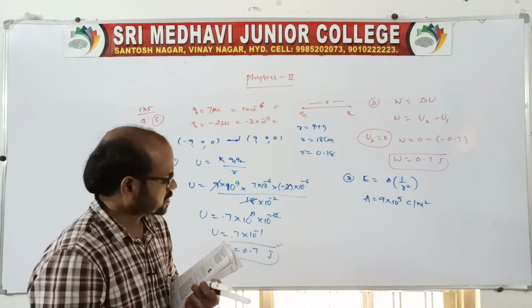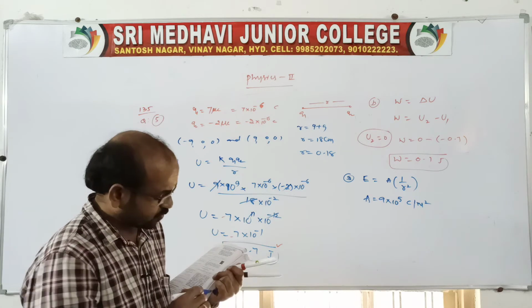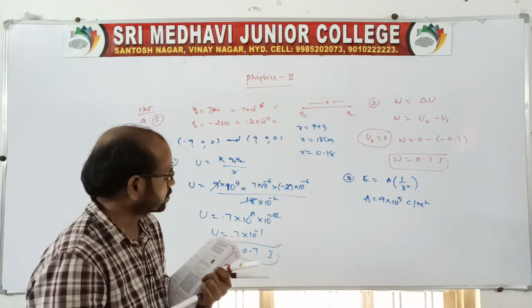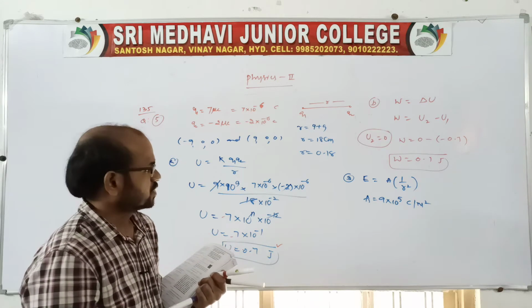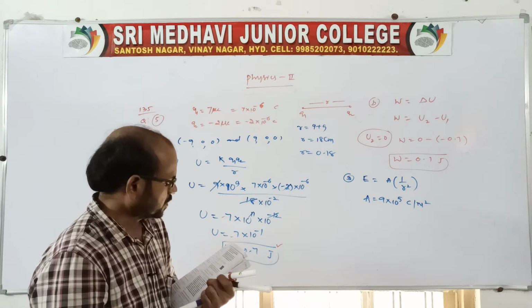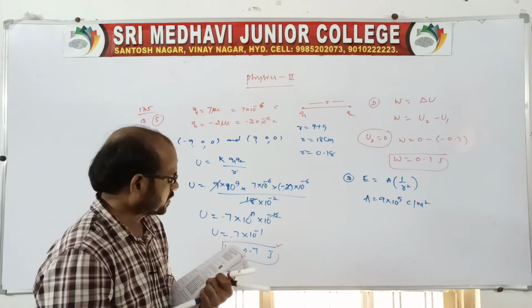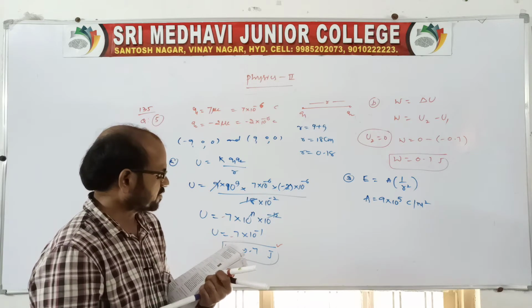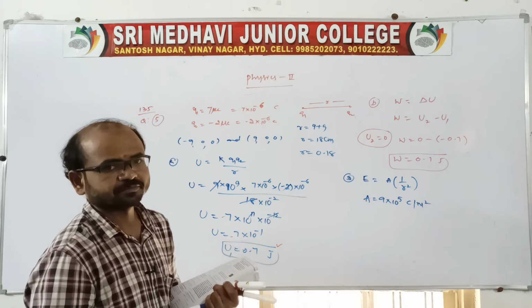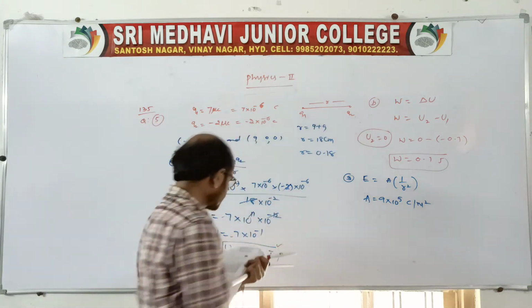What would be the electrostatic potential energy of the configuration B? It is given E equals A into 1 by R square. Now it is asking for the potential energy. So we can say the mutual energy between the charges remains the same, 0.7. Of course.